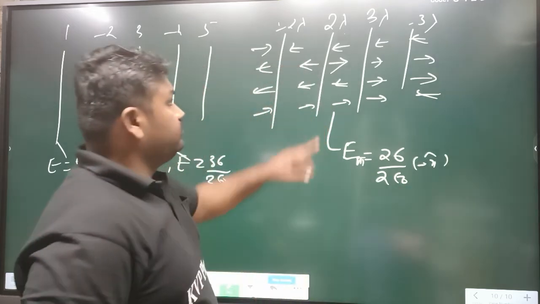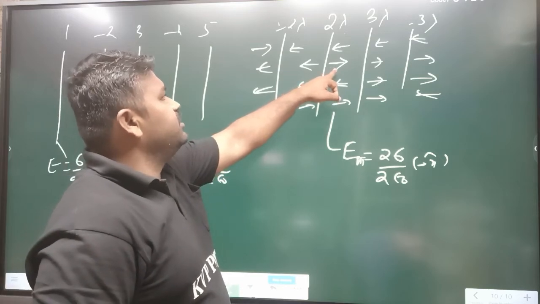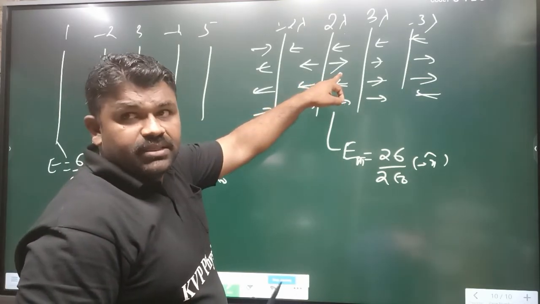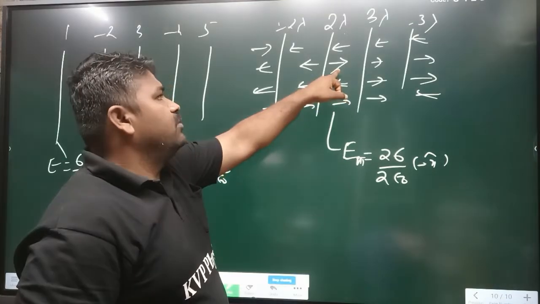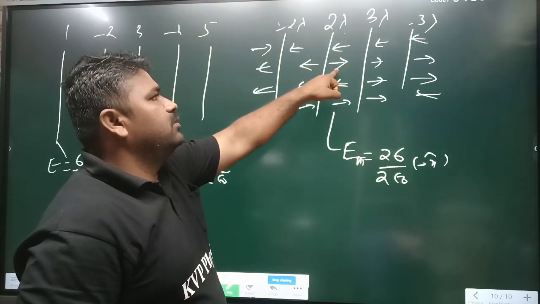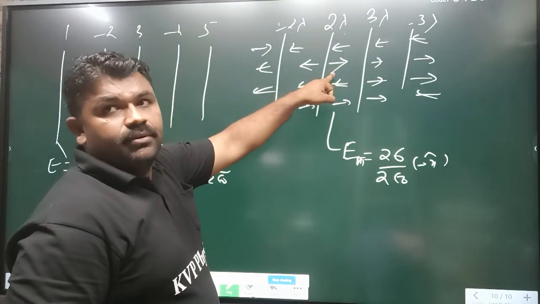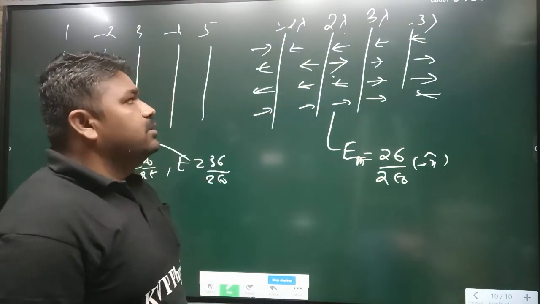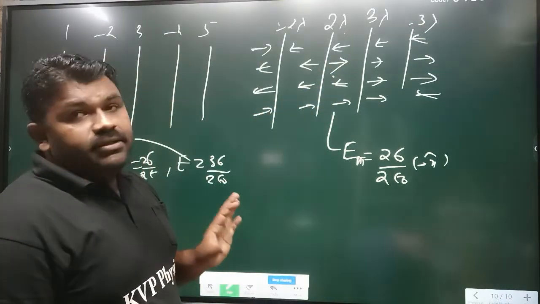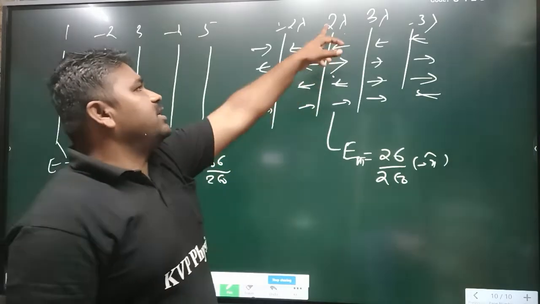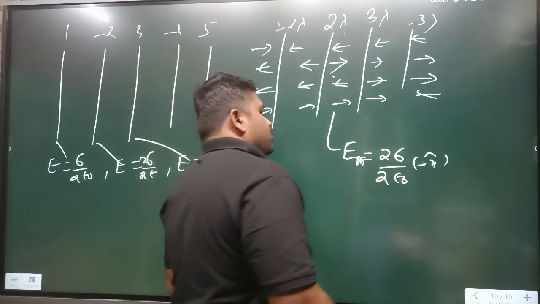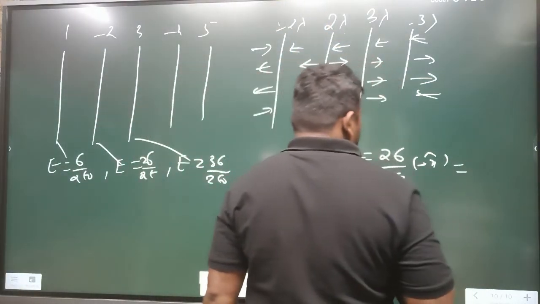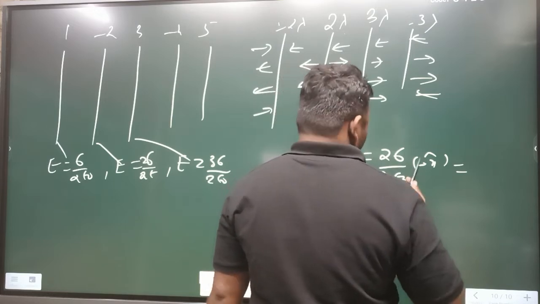Next, this is a positive. This one is positive because of first plate, second plate, third plate. Positive because of this arrow, because of which plate? Third plate. Second plate. This is because of the second plate. What is the second plate? 2 lambda. Yes or no? This is equal to how much? Sigma is equal to 2 lambda.